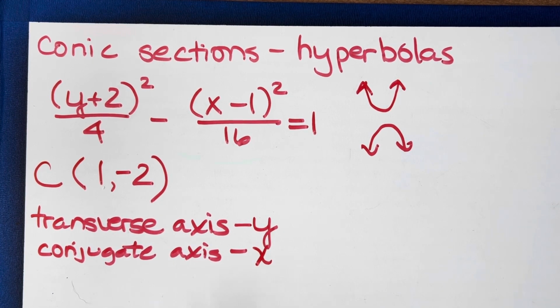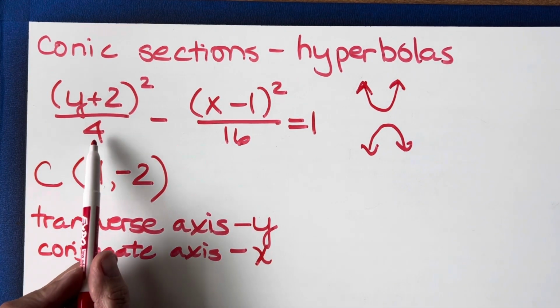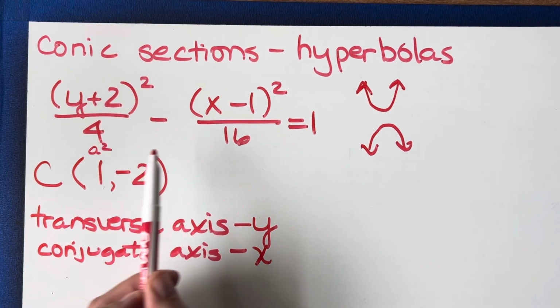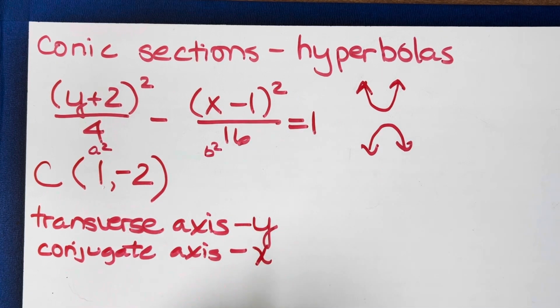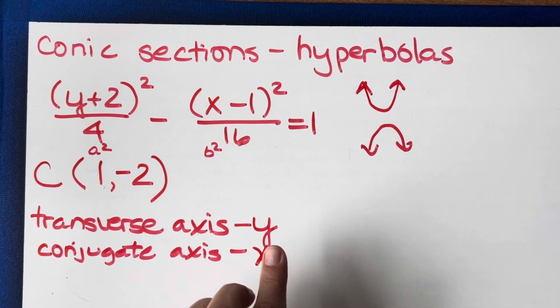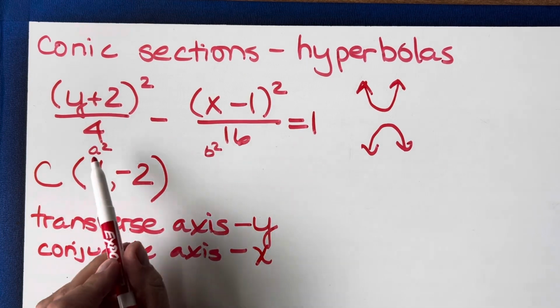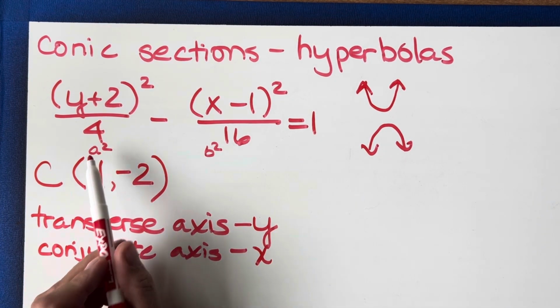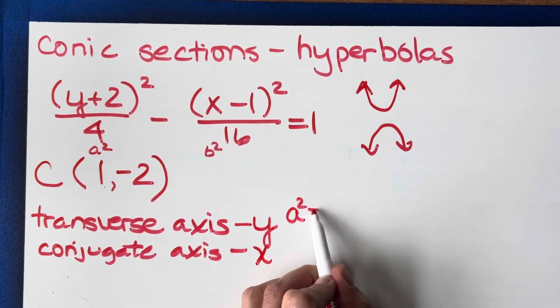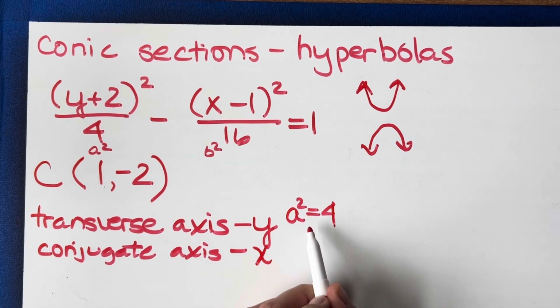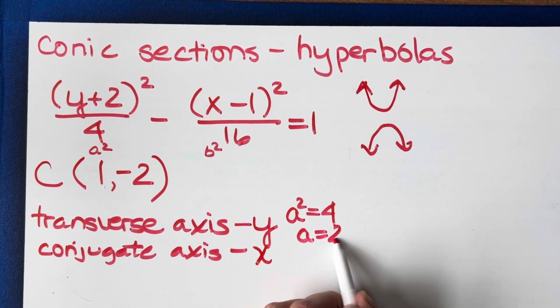So in my transverse axis, the a squared is always going to be first, and the b squared is always going to be second. Remember, in an ellipse, the a squared kind of moves around. But here the a squared and the b squared are fixed. So that means that the transverse axis goes with this a squared equaling 4, and so that means my a value is 2.